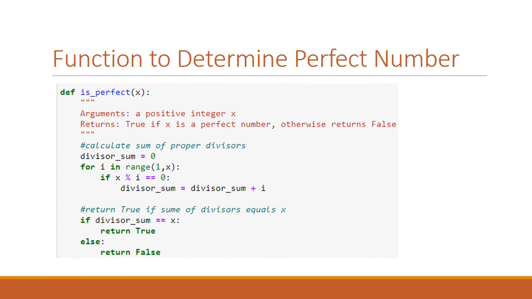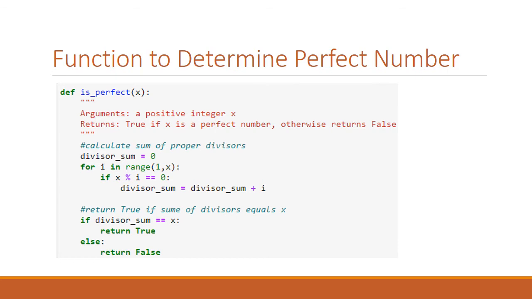Next, we're going to start calculating the sum of its proper divisors. So we're going to initialize our divisor sum to 0. Then we're going to check every number between 1 and up to, but not including, that number. For each integer between 1 and the number, we're going to check to see if that number is a divisor.